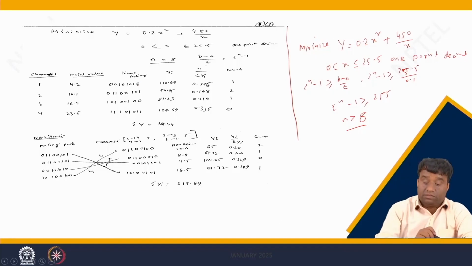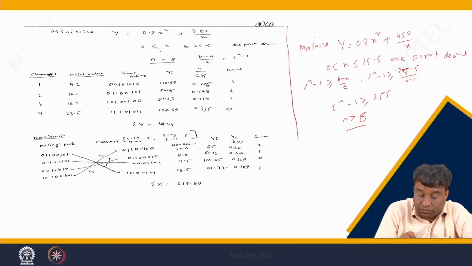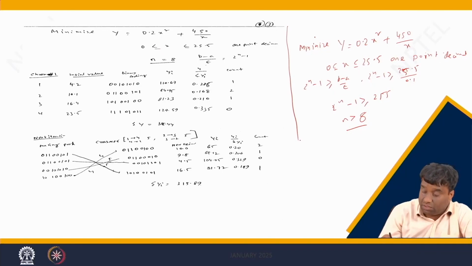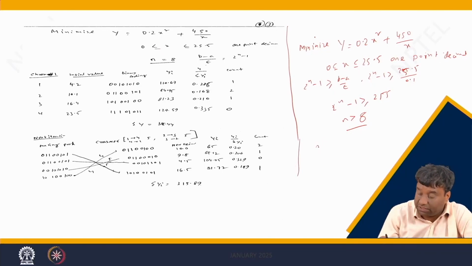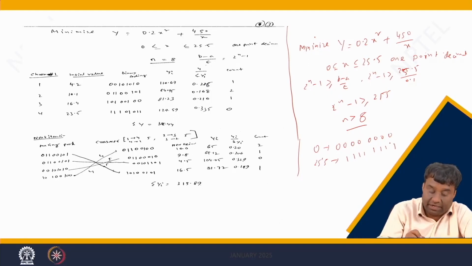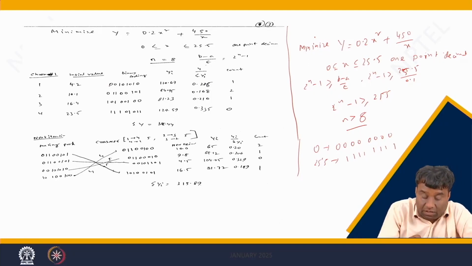So for 8 bits, a, that is 0, can be represented as 8 zeros, and 25.5 can be represented by 8 ones. So you consider any chromosomes within that interval.